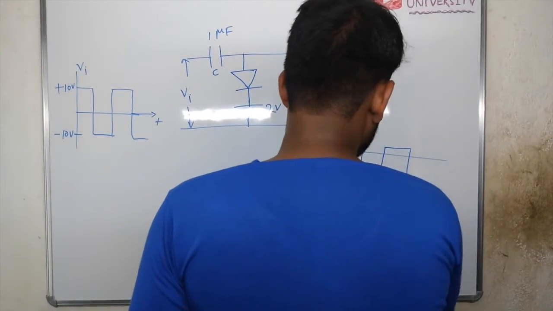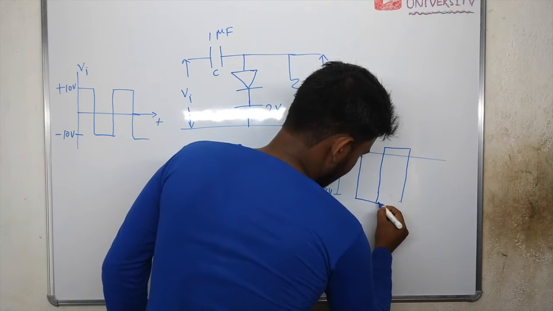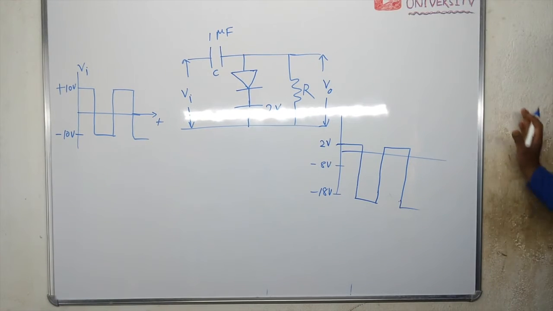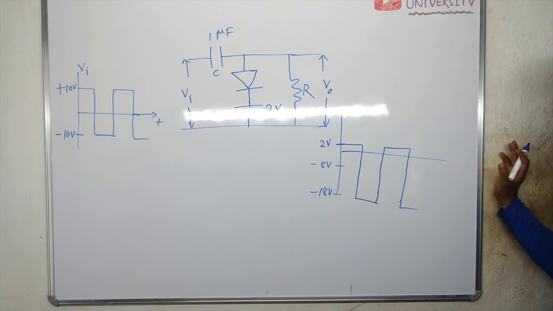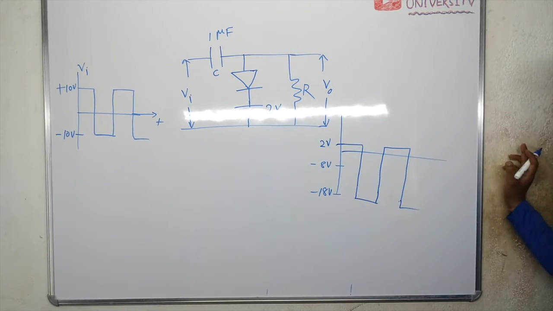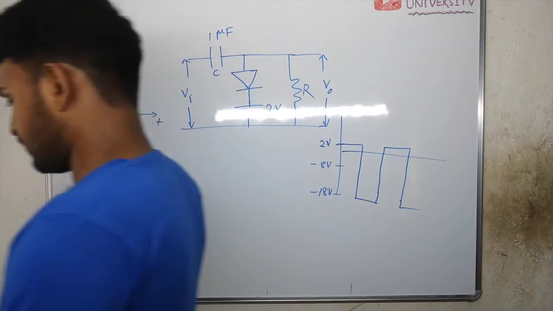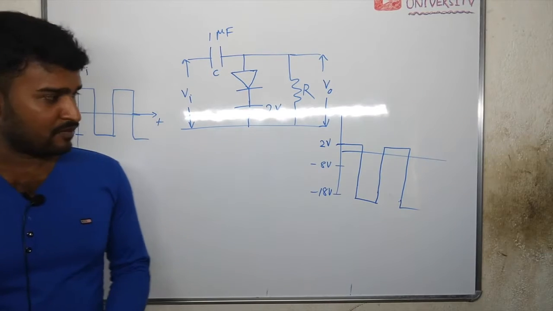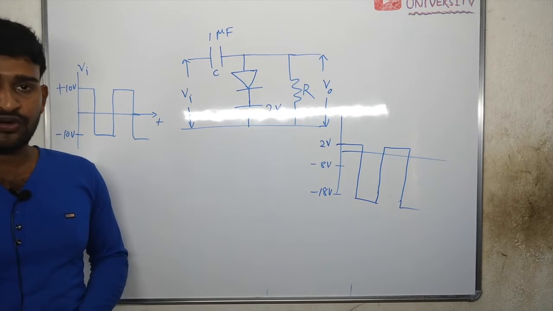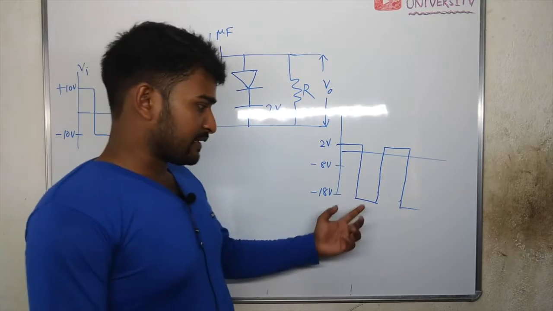One of the options is given like this. That is the output of an ideal clamper, but no option is given with an output having some tilt. So out of the 4 options, this will be the correct option, because there is no option where you can find some tilt in the negative half cycle.